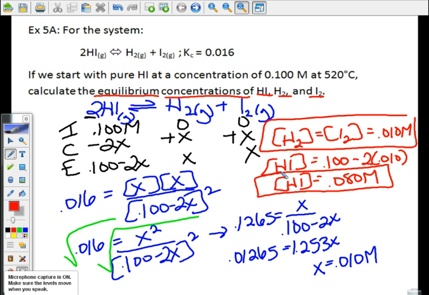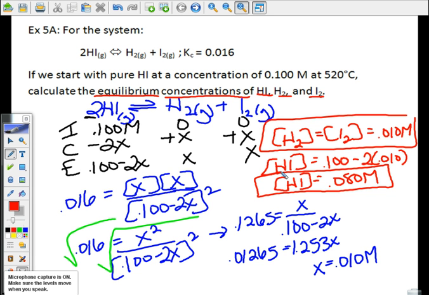So make sure once you find x, rarely does the question just say, solve for x. Well, actually, I can't think of any questions that say that. They usually ask for one of the equilibrium concentrations, or like in your homework, they give you that part, you solve it, and you find K.